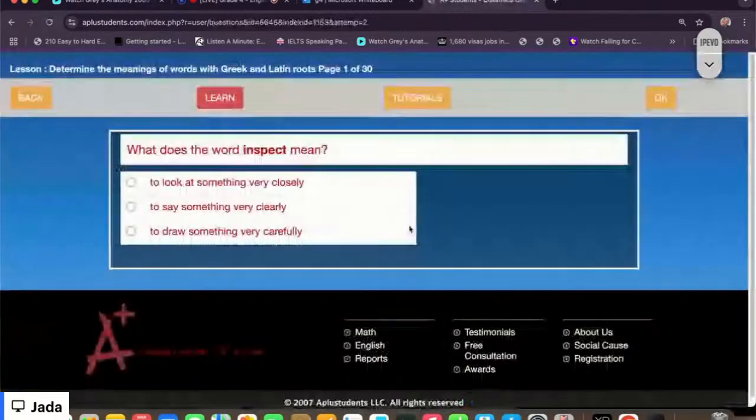And if you haven't done the lesson yet, you have to make sure you complete it, okay? So we have, what does the word inspect mean? To look at something very closely, to say something very clearly, to draw something very carefully. What do you think?